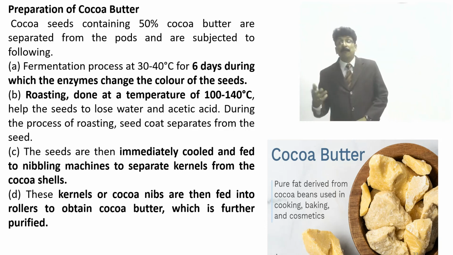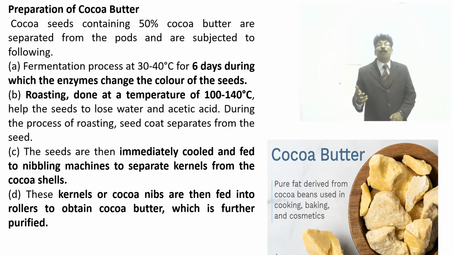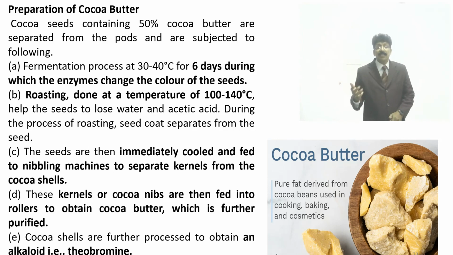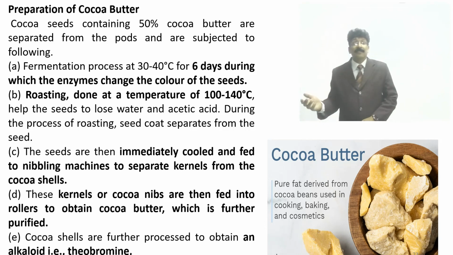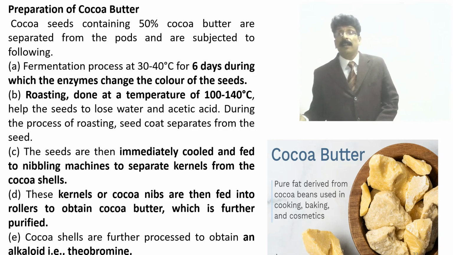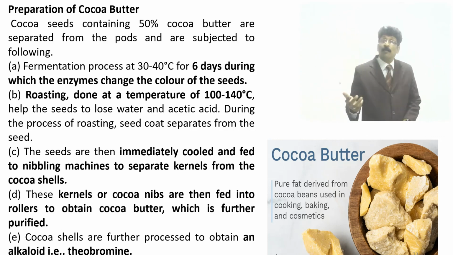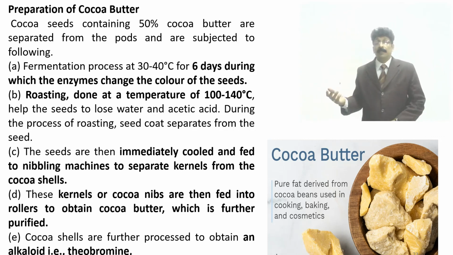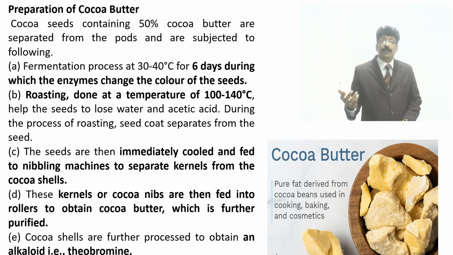So the process is very important to know about cocoa butter. Cocoa shells are further processed to obtain an alkaloid, theobromine. Very important, an alkaloid which is more commonly used; it has an anti-asthmatic effect also.